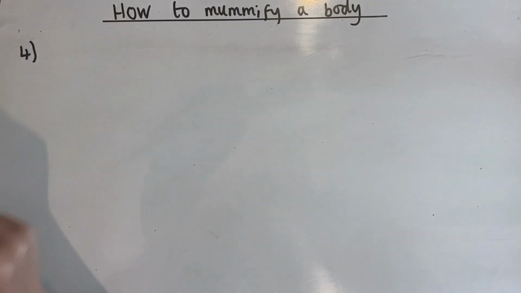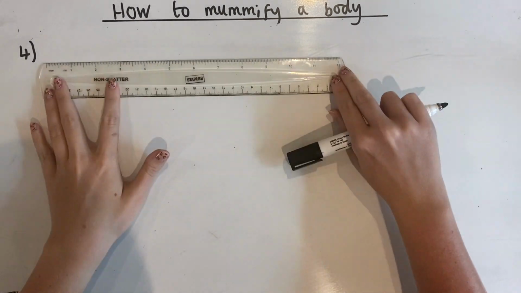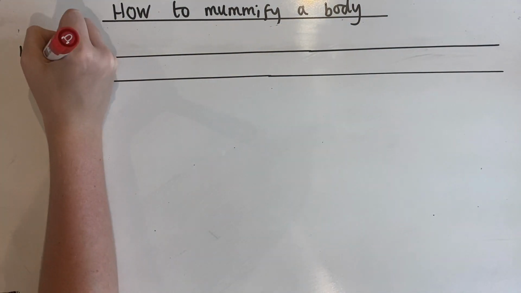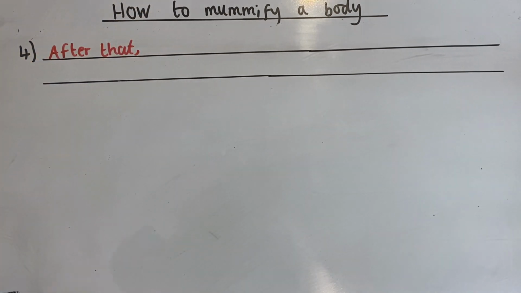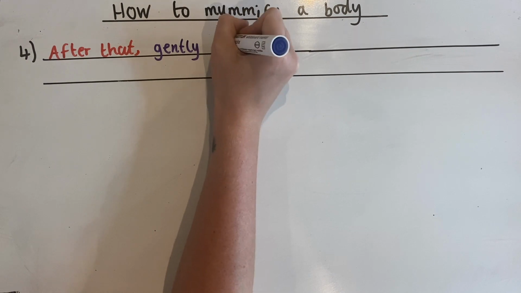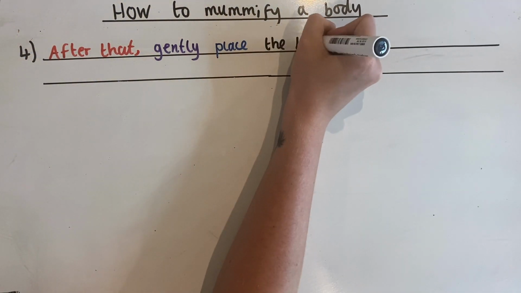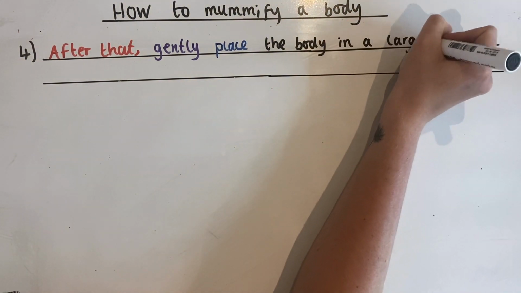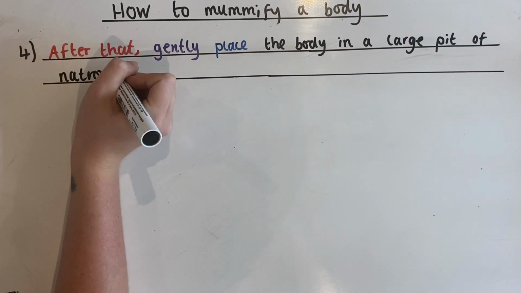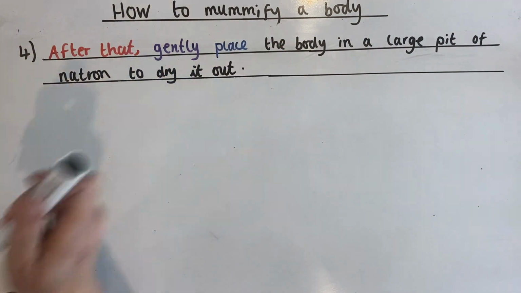Let's go. So, step number 4, I'm going to start with the time connective after that. After that, gently place the body in a large pit of natron to dry it out. Now can you remember what natron is? Now for my illustration.